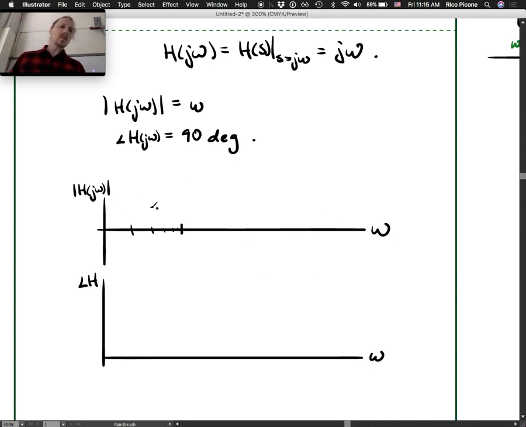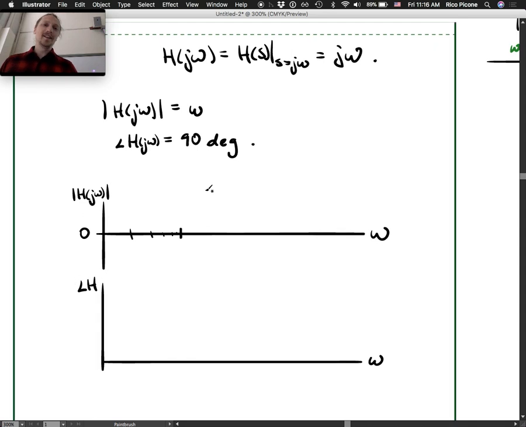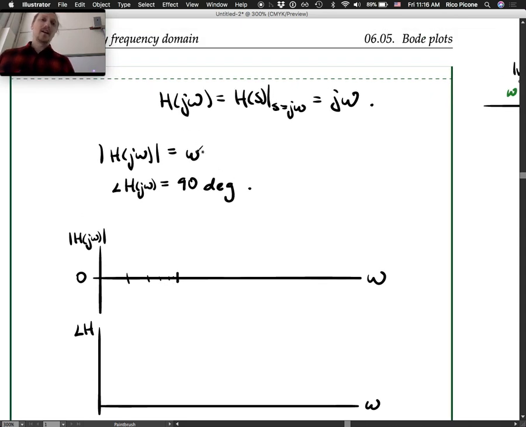The magnitude is in dB. So 0 dB, you may recall, is a magnitude in non-dB units of 1. Then we've got omega as our function, so it's just a linear plot.